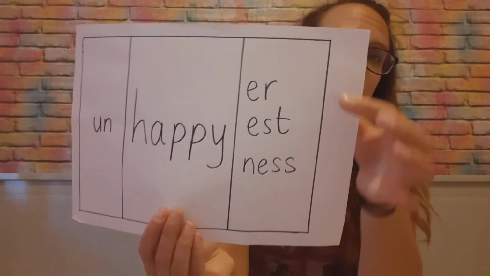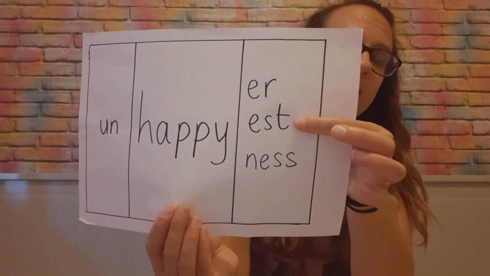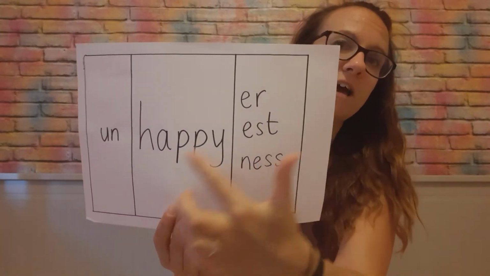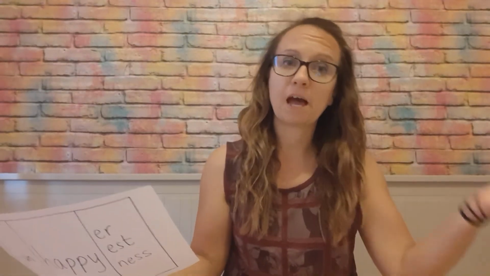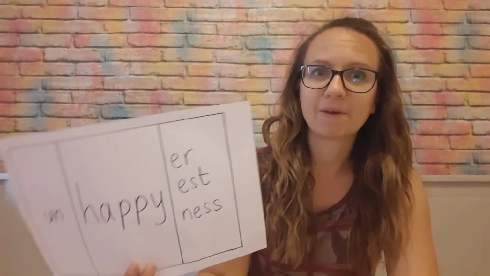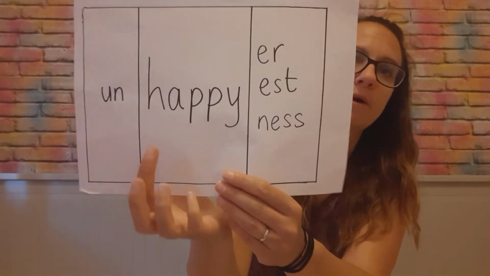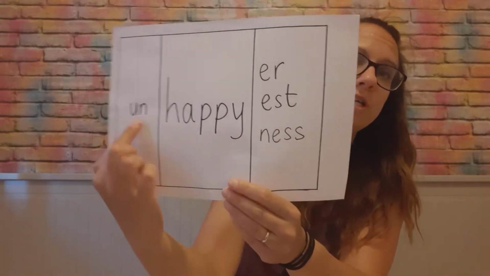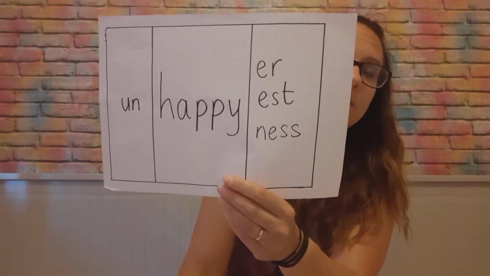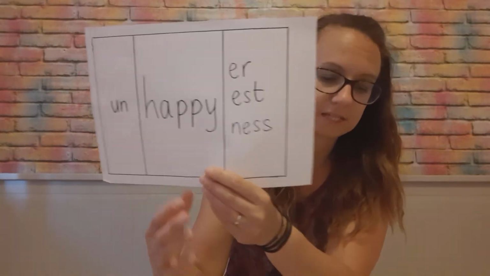We've also then got the er and the est ending. So we could have happier and happiest if you're talking about somebody being happier than the other person. Or you could say they are the happiest person that I know, the most happy. And we also can talk about happiness or unhappiness by joining all of them together. Okay, so we've got some different endings there.